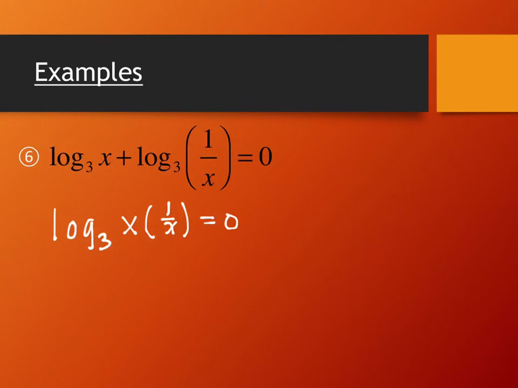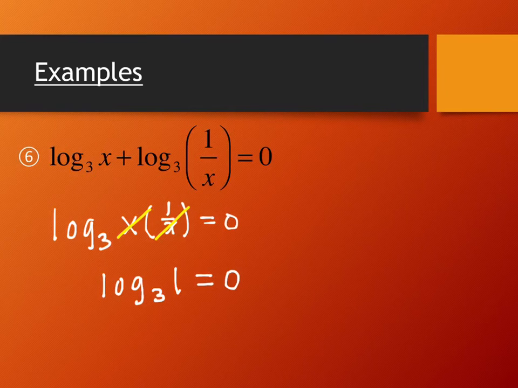So what is x times 1 over x? It's not x. It's 1. Right? When you multiply a number by its reciprocal, x times 1 over x, you get 1. So this is log base 3 of 1 equals 0.